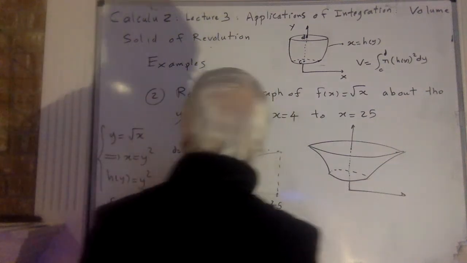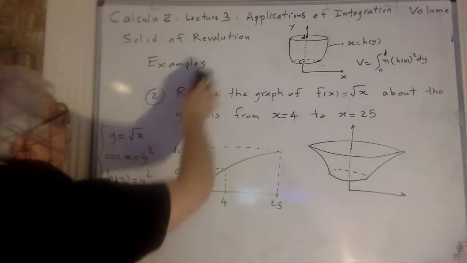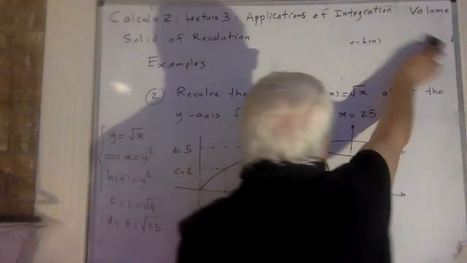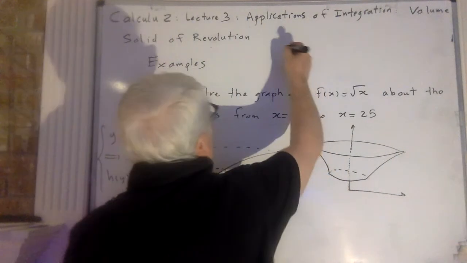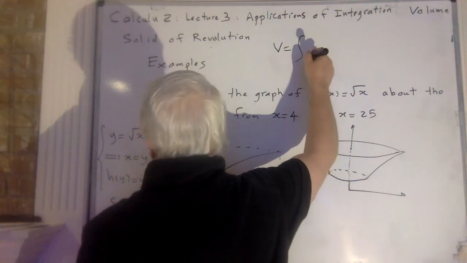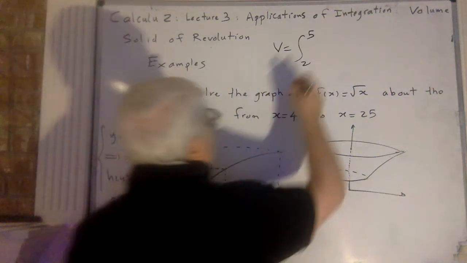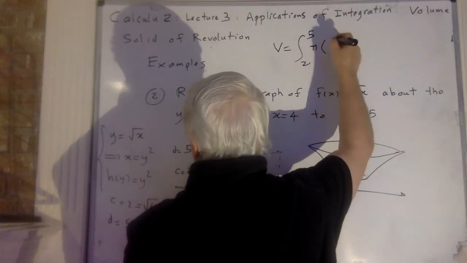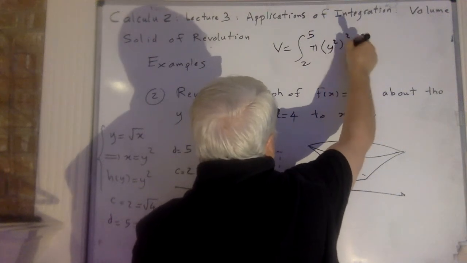So let me erase something here, but I can write it here. I already have. So the volume will be the integral from 2 to 5 of pi times h(y), which is y squared, squared, dy.